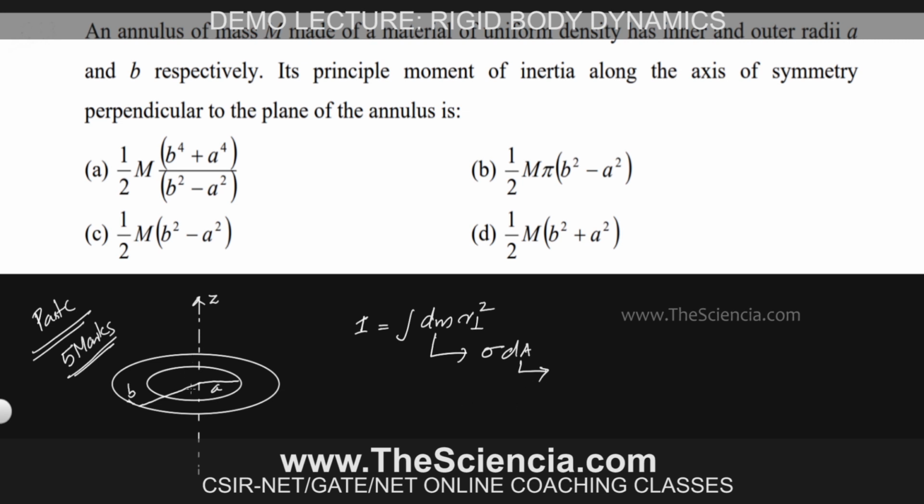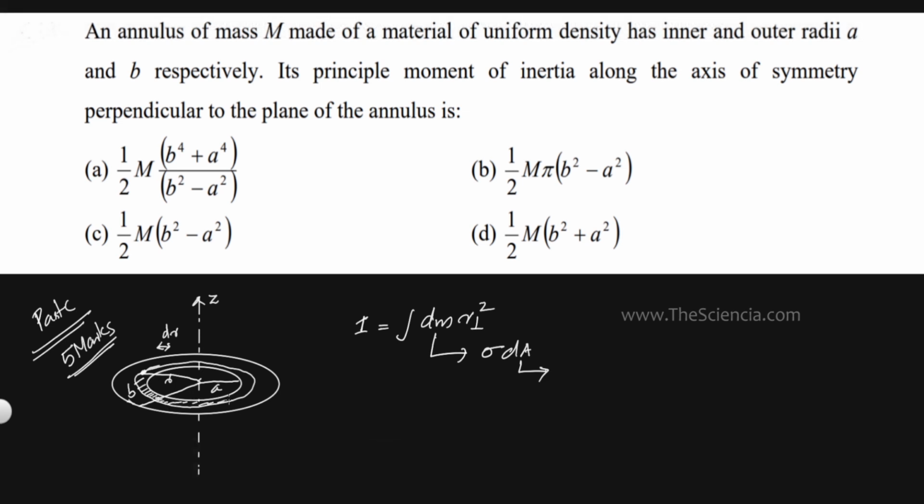Suppose this is radius r, an arbitrary radius, and I am considering an area element, this one, with thickness dr. So dA will be equal to 2 pi r dr.